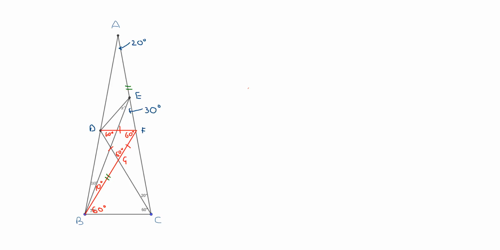Okay, so now that we've seen this, we're going to add just one more line to our construction, and that's going to be another red line straight down here, and I'm going to join point A down to point G, right through the middle of that 60 degrees.